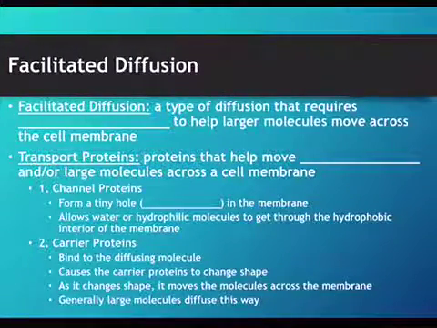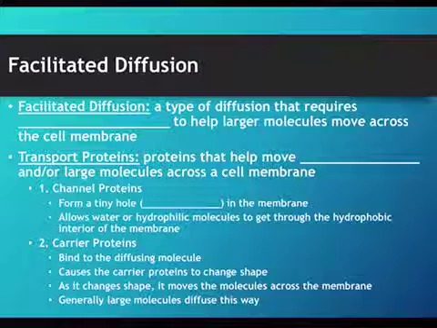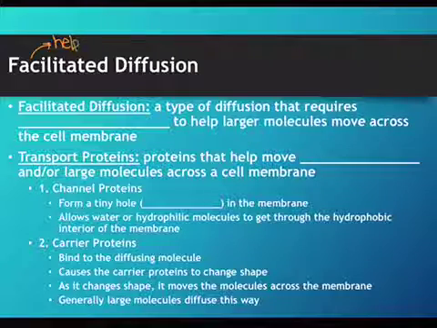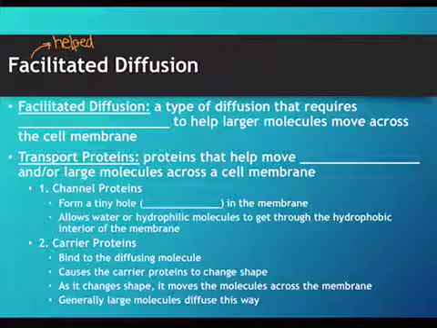Another type of passive transport is called facilitated diffusion. The word facilitated means helped. So this is when particles need help diffusing across that membrane. And the molecules that do that are the protein molecules, transport protein molecules.